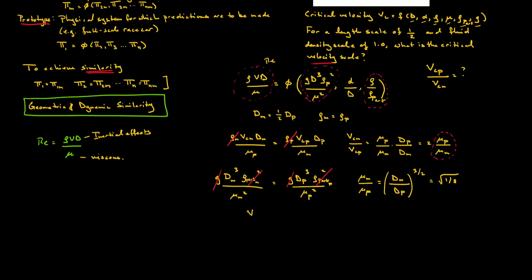So then we find that VCm over VCp will be equal to 2 times mu p over mu m, which is equal to 2 over the square root of 1 over 8.